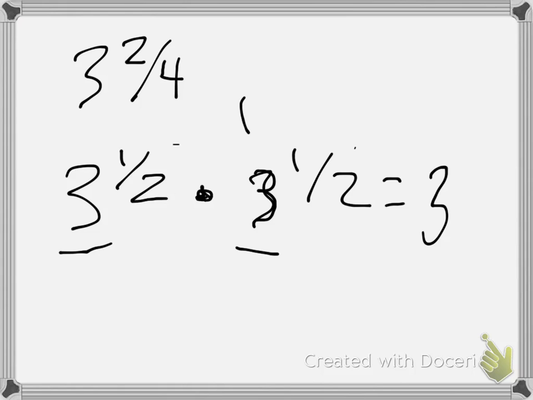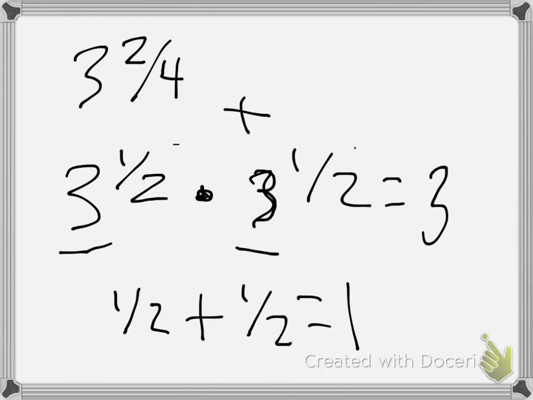You're just going to add them across. So 1/2 plus 1/2 is going to equal 1. So once you have that, it's going to be 3 to the exponent of 1. And your answer is simply just going to be 3.